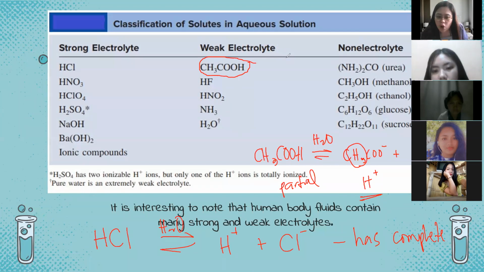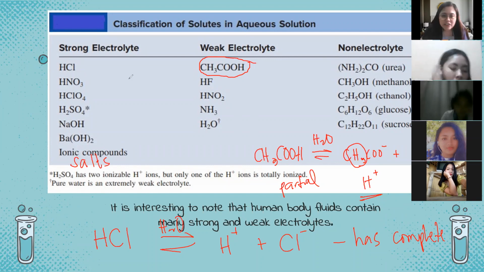Most of our strong electrolytes are strong acids, strong bases, which have no carbon in their formula, and our ionic compounds, or salts. These are our strong electrolytes. The weak electrolytes, though there are exceptions, are most of the time weak acids and weak bases, meaning they contain carbon in their formula.